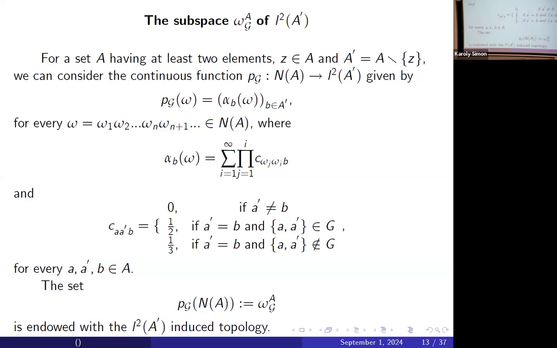All right, and now we can construct this function P_G from the Baire space into l2. The function is given in this way.